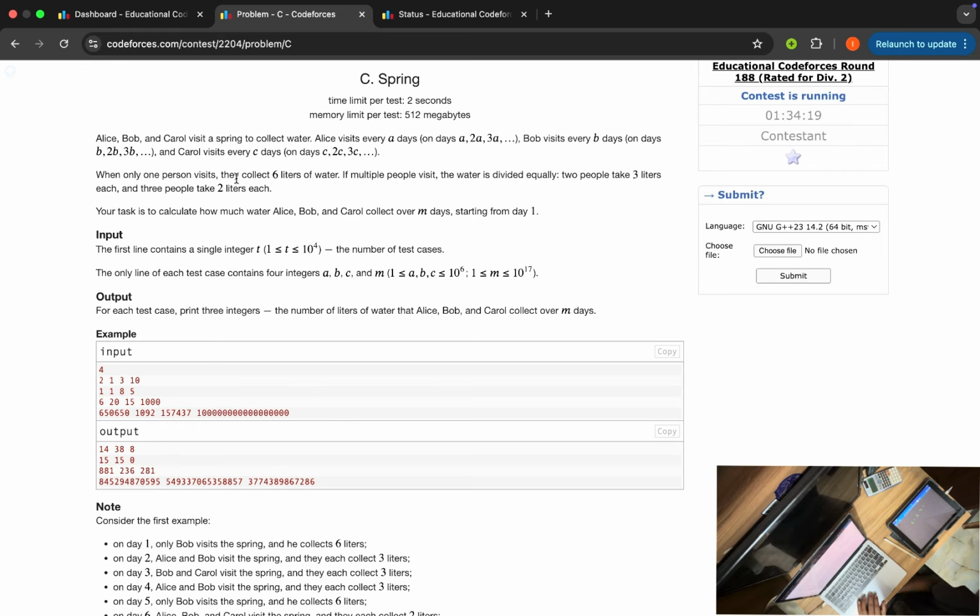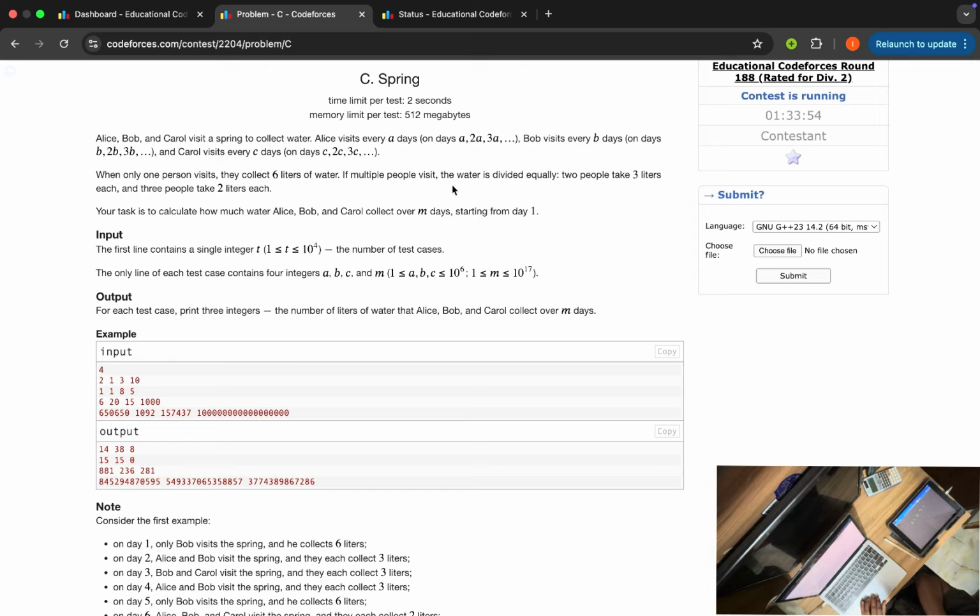Okay. Alice, Bob, and Carlo visited a spring to collect water. Alice visits every A days, okay, Bob visits every B days. When only one person visits, they collect 3 liters of water.